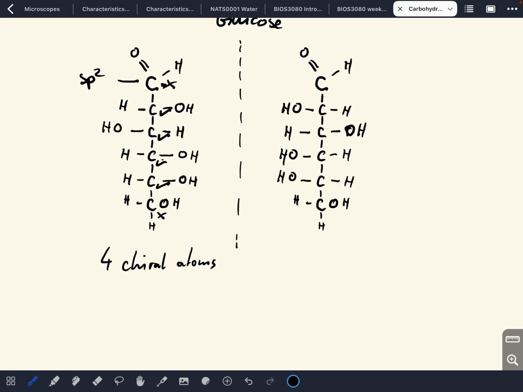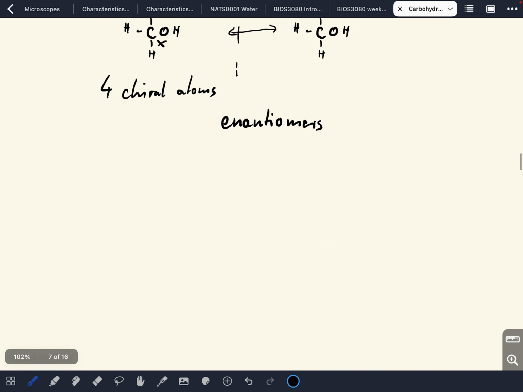And when we look at the structure of the enantiomer, so they are enantiomers, we see we've got here the mirror image, but we cannot superimpose them onto each other.